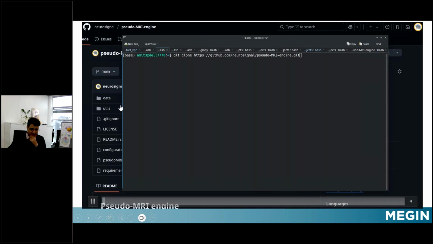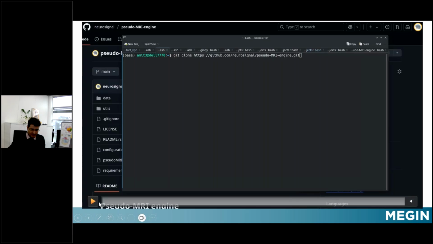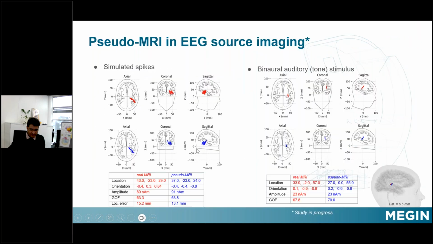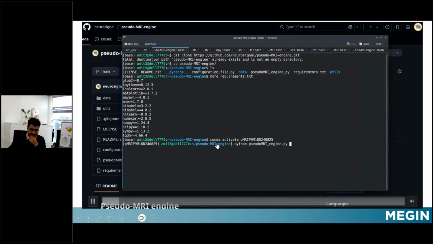You can see here, we first download or clone this repository. Then for now you can see that there are some dependencies required, and these dependencies are listed in the requirements file.